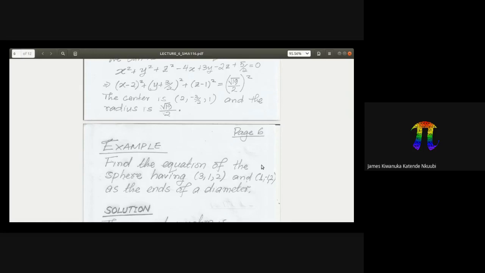So now solve this next one. Write down the question. I'm going to go back to the section which will help you to solve this.